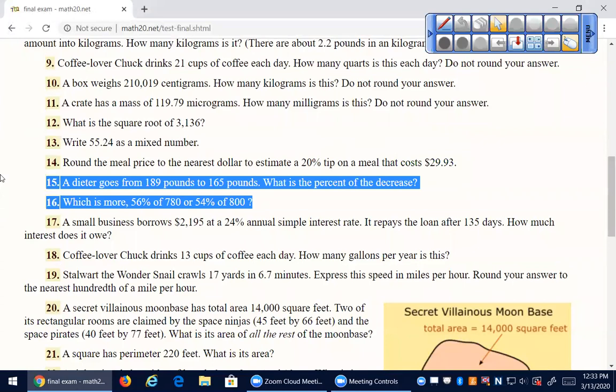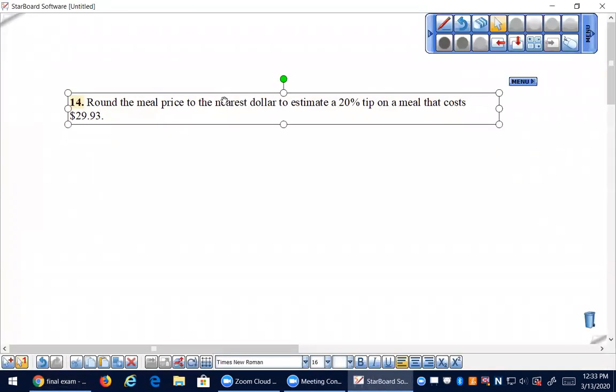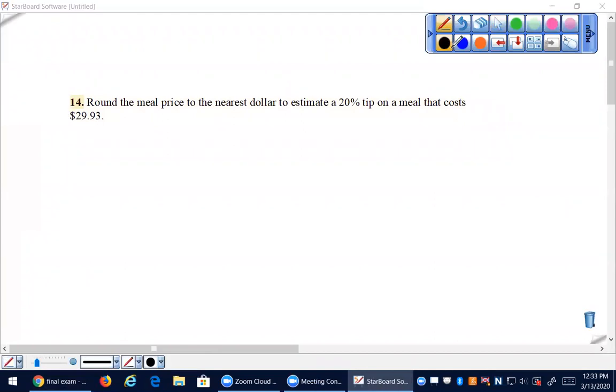Well, now we can use our calculators. So this one, first I'm going to round, 30 times 0.2. Rounding to the nearest dollar, I'm about $30. And then find 20% of $30.